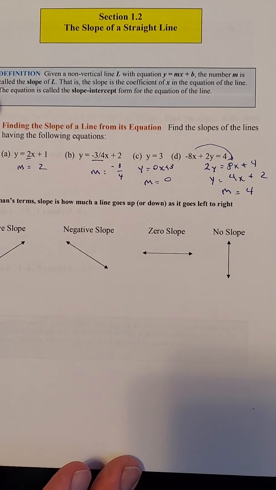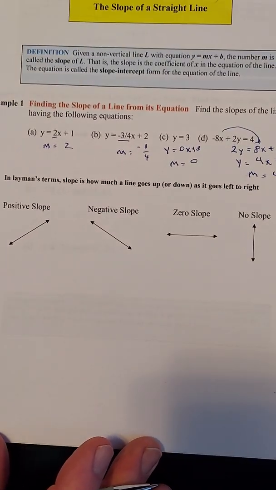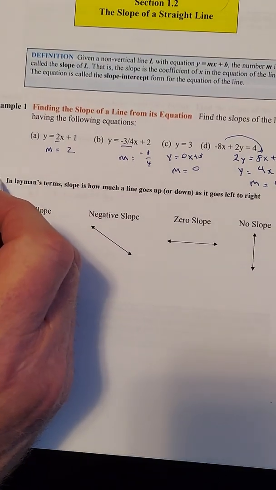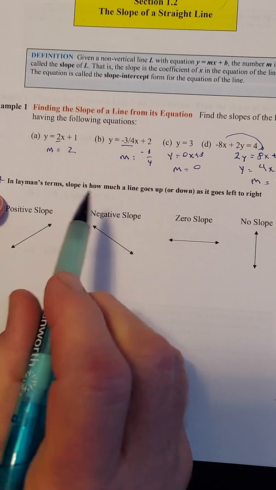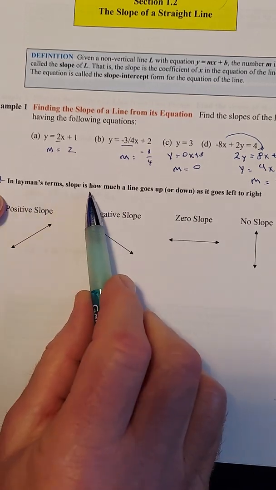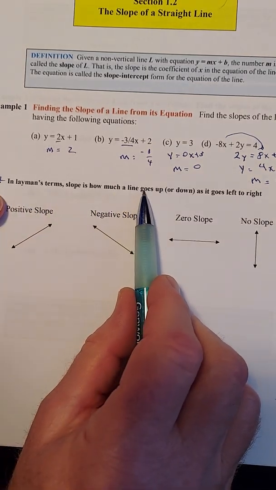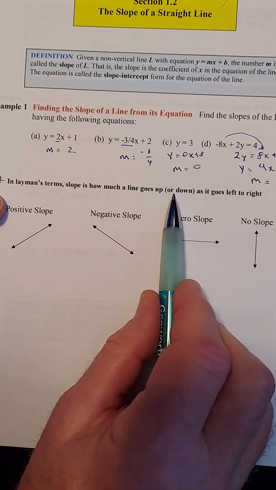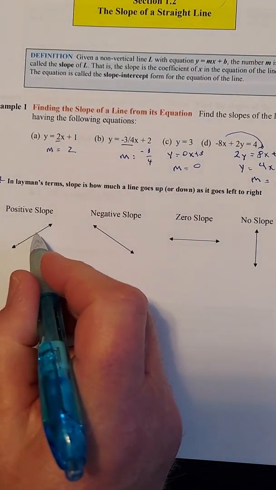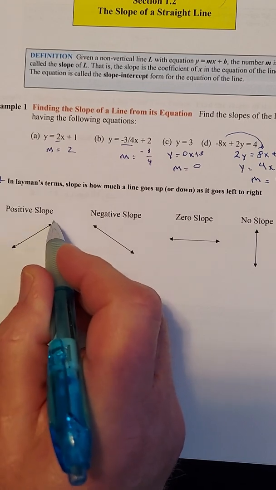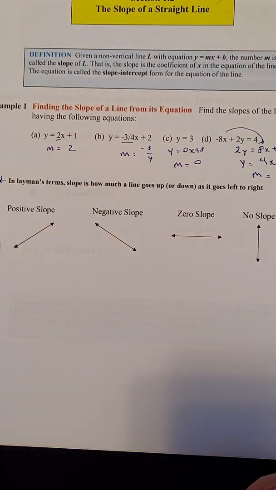Okay, so think of it this way. This is the way I look at slope. I use this definition. In layman's terms, slope is how much a line goes up or down as you go left or right. So if you have a line that's going up as you go left or right, that's positive slope.